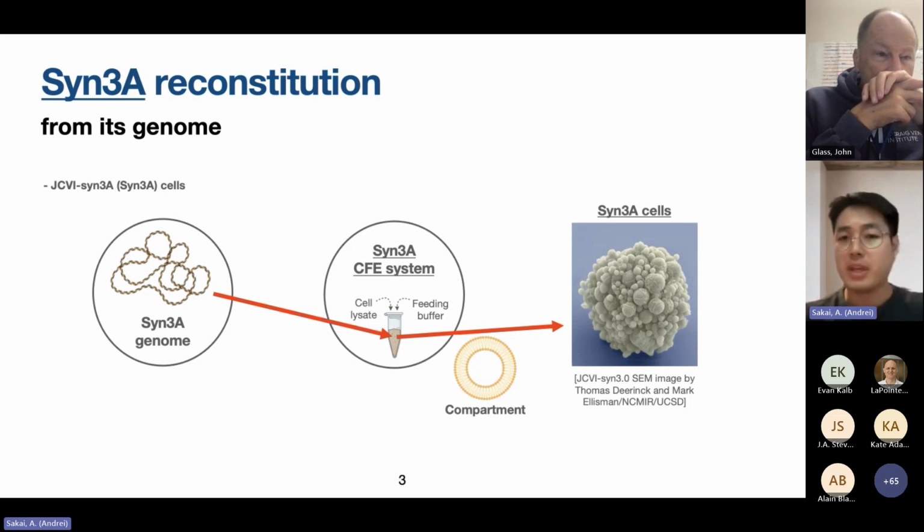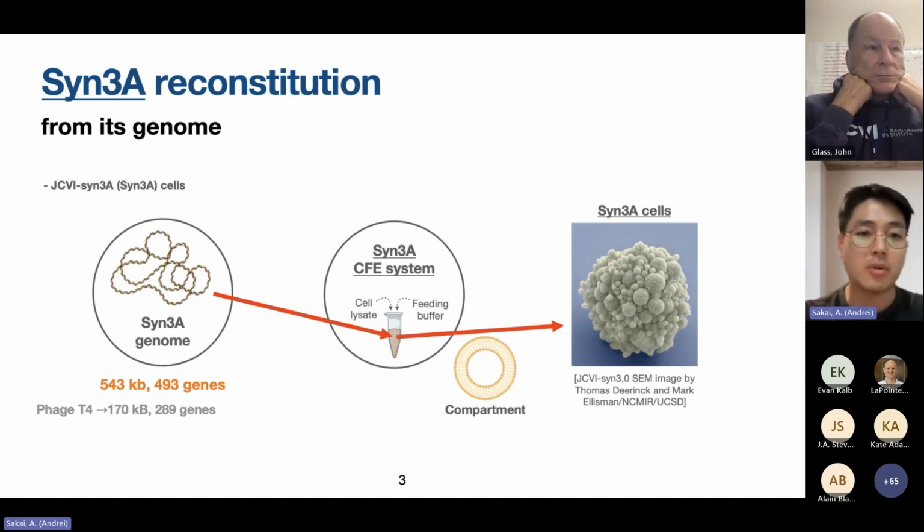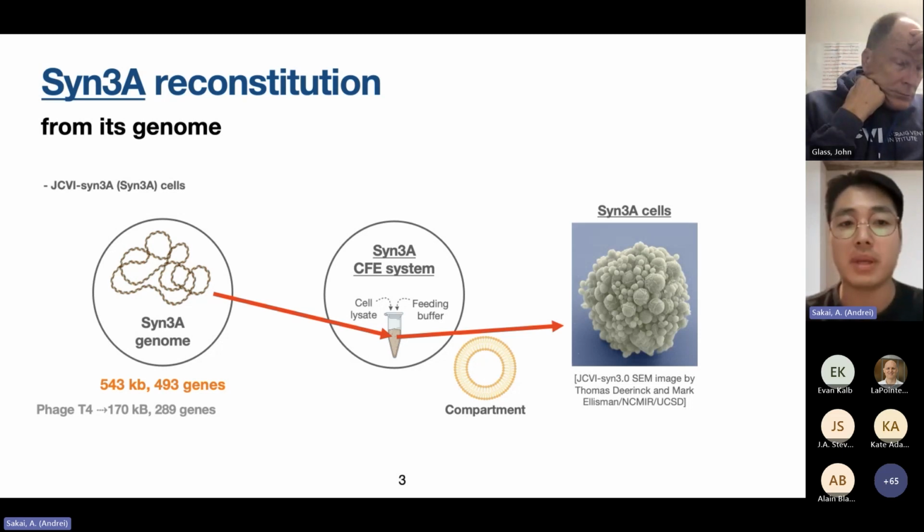There are a few complications in doing this experimental protocol. The first one is that the syn3A genome, despite its minimal size, is still larger than phage T4, about twofold bigger than the T4 phage.